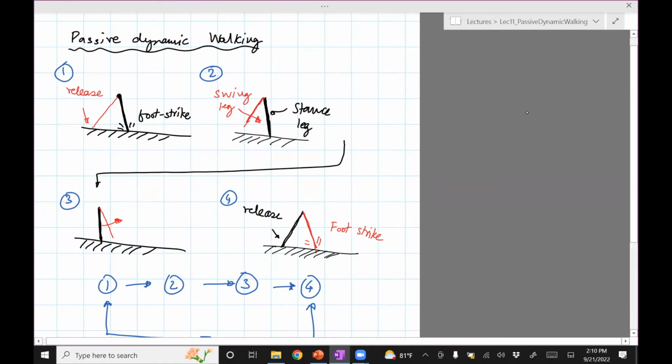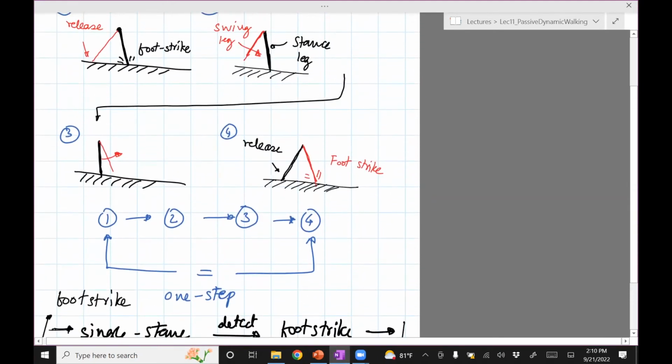So you need to do 2 steps in order to have the walker repeat itself. Here the black leg is the stance leg, here the red leg is the stance leg. So the next step will be single stance with the red leg being the stance leg, right? Which means I need to create a simulation for 2 steps and then keep repeating that.